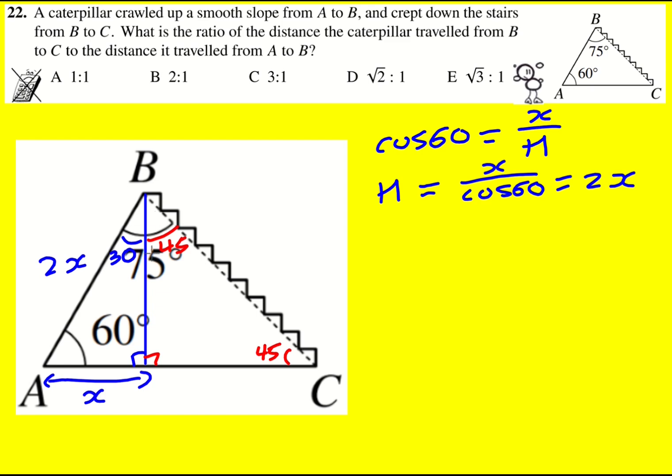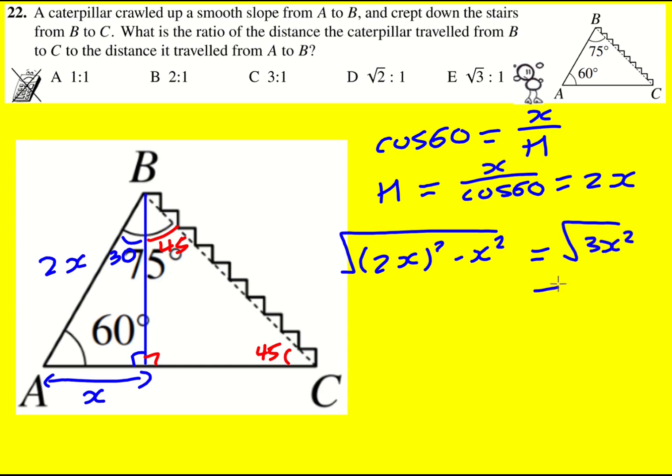Okay, and then the height is going to be, I won't write the height, but it's going to be 2x all squared minus x squared square rooted using Pythagoras' theorem on this blue triangle that I'm outlining. And that's going to give me root 4x squared minus x squared, or root 3x squared, or root 3x. Okay, brilliant. So the height is root 3x.